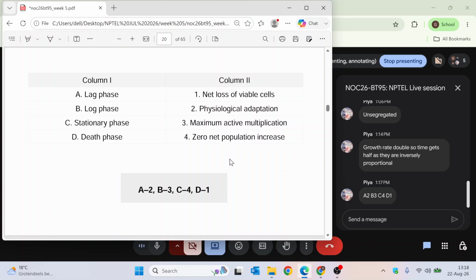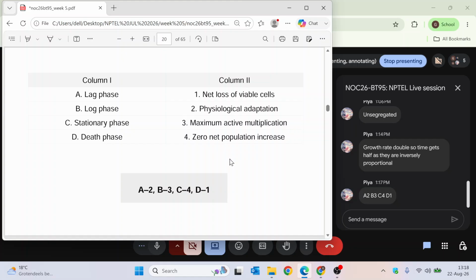So we have seen this in one of the previous questions where we talked about stationary phase. We have different growth phases when we plot a microbial growth curve. So ideally the first phase is the lag phase. As the name suggests, when we plot the number of cells and the growth rate, it is a lagging phase where nothing in terms of number moves.